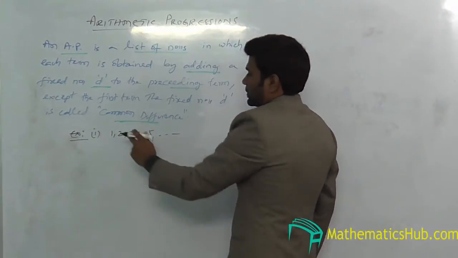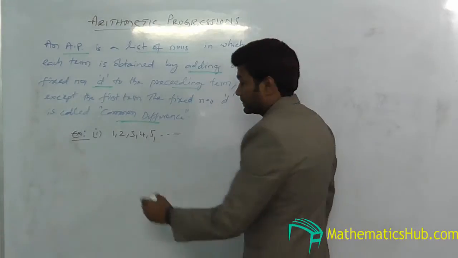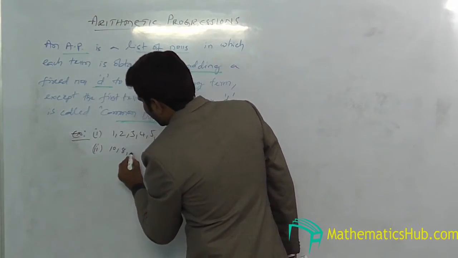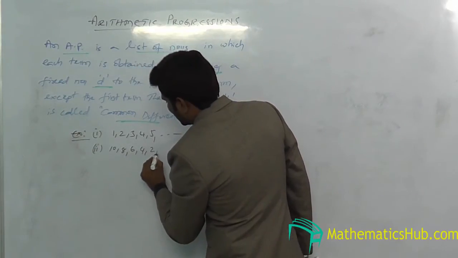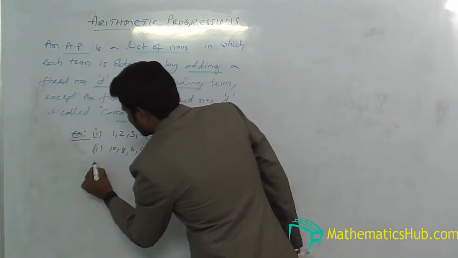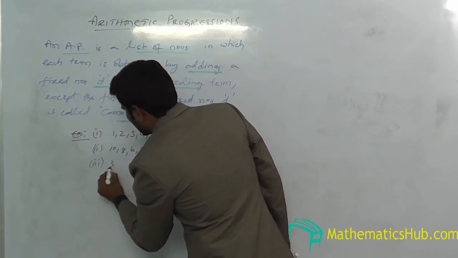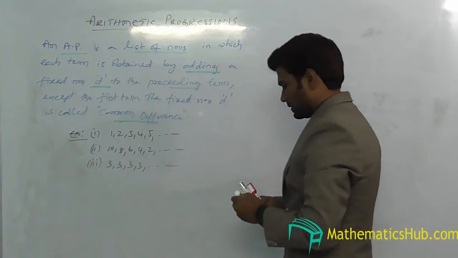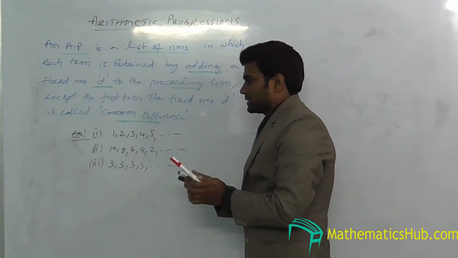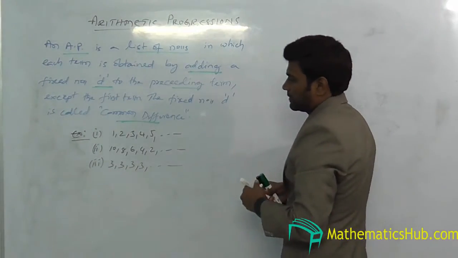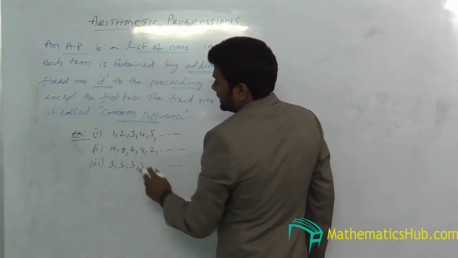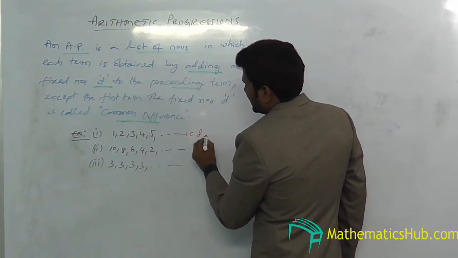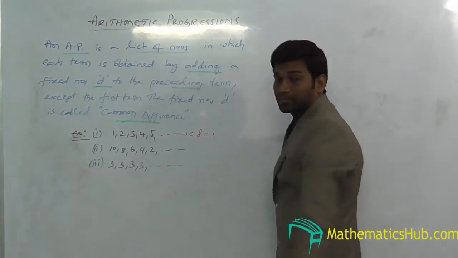1, 2, 3, 4, 5 and so on. 10, 8, 6, 4, 2 and so on. 3, 3, 3, 3 and so on. If you observe these examples, in the first example, each term is obtained by adding 1 to the preceding term, so CD equals 1.